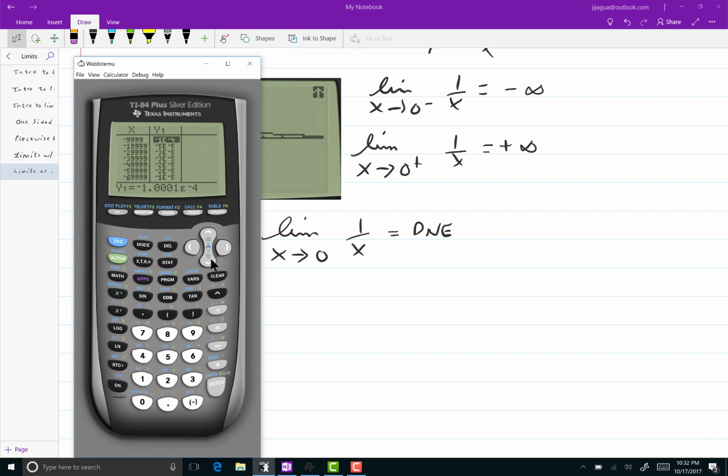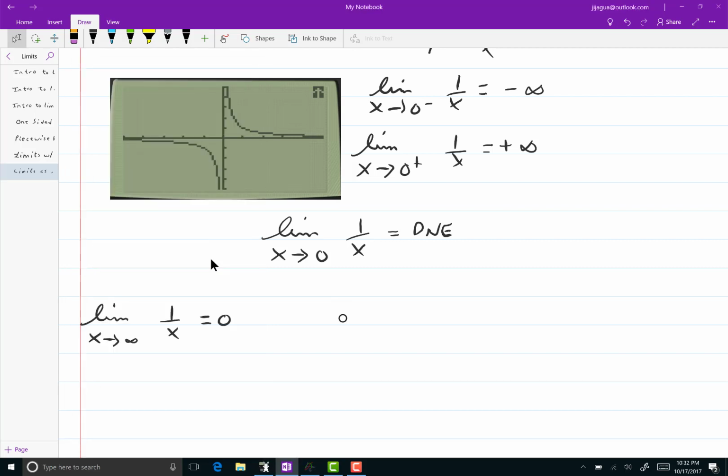And once again, these are tiny. These are negative numbers, but they're all really tiny. Here we have e-6. That's the same. So I'm getting the same thing, except it's going to go to 0 through negative values.